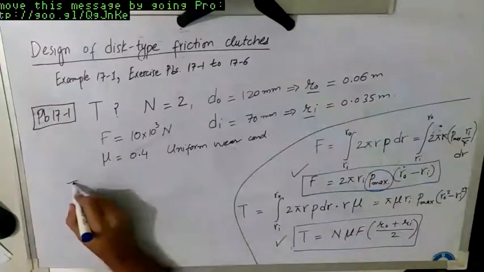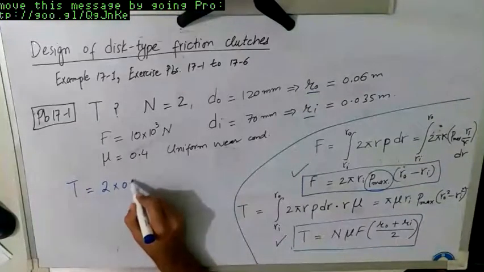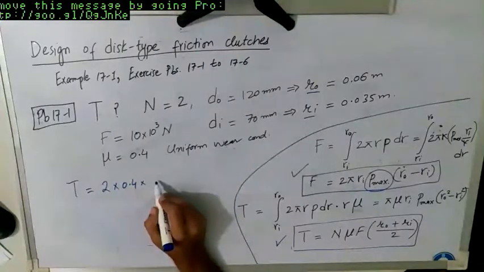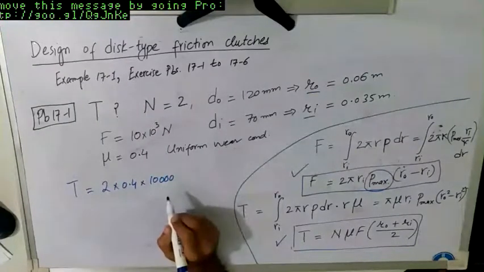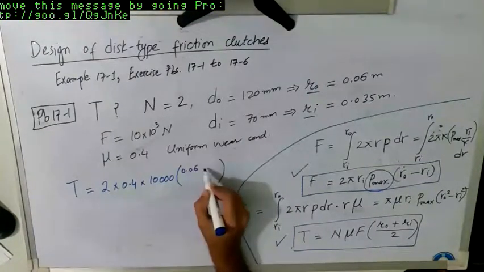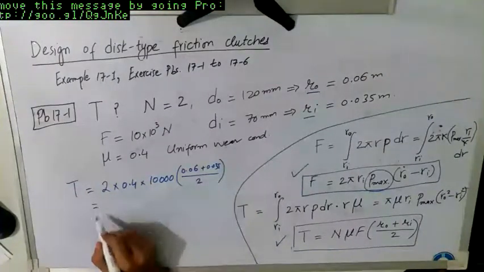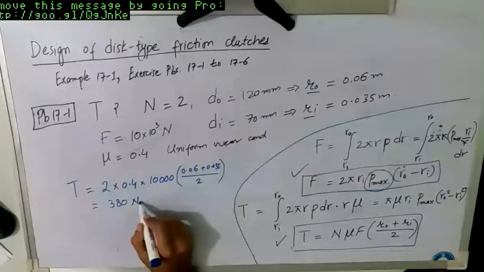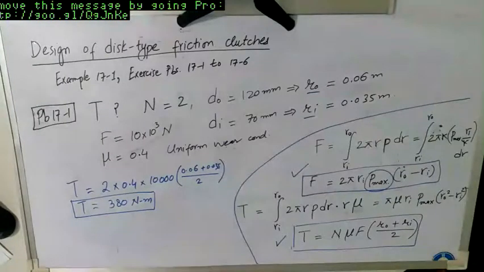If I find out the T, since there are two surfaces, it will be 0.4, then the force, so 10,000, and then we have the addition of inner and outer radius divided by 2, and the answer comes out to be about 380 Newton meter. So this is your first answer.